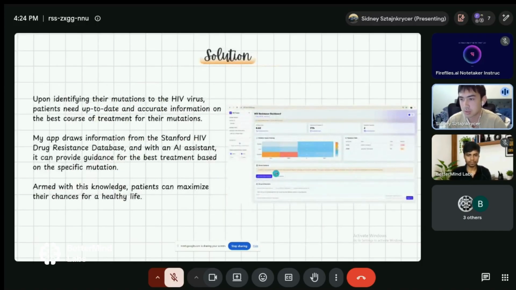So the solution is an HIV mutation resistance tracker.